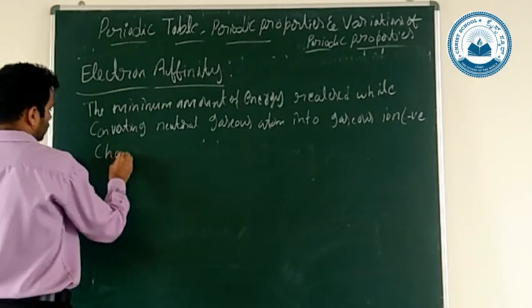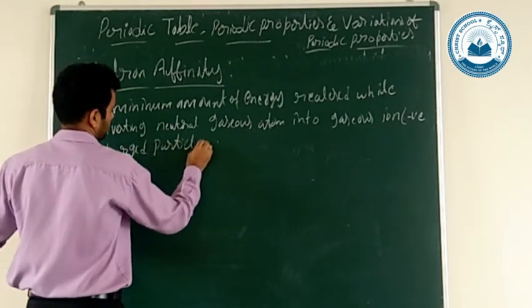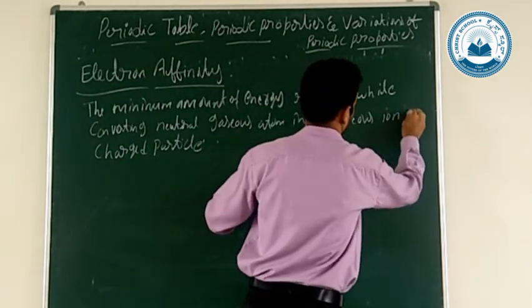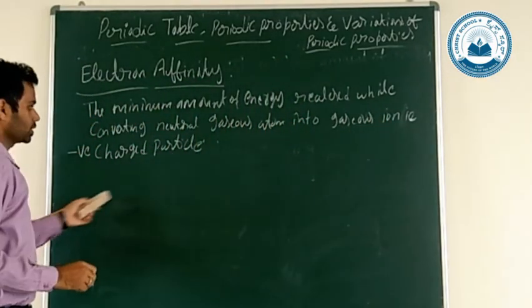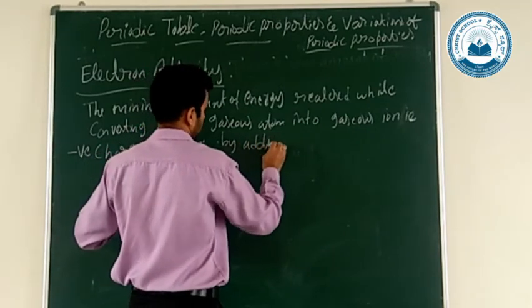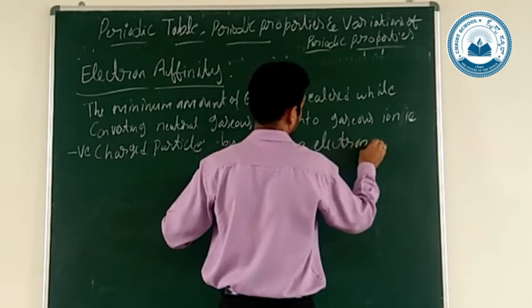The gaseous ion that is generated is a negative ion, a negatively charged particle formed by adding an electron.